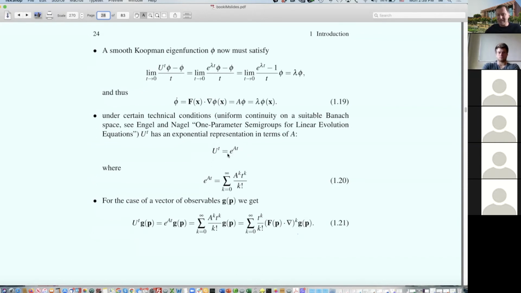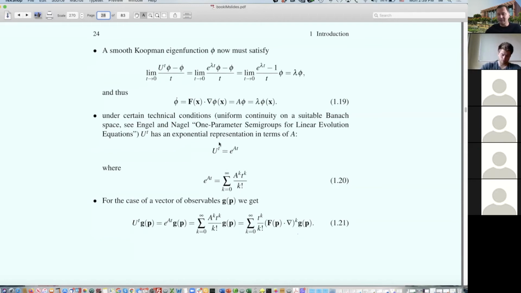What do we exactly mean by the right-hand side here? And what we mean is essentially a Taylor expansion. So we define e to the At as the sum from k equals 0 to infinity of A to the k, t to the k, over k factorial. And this condition here allows you to prove that that's a valid convergent expansion.